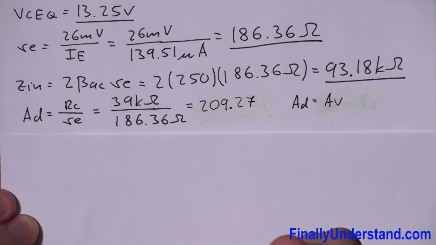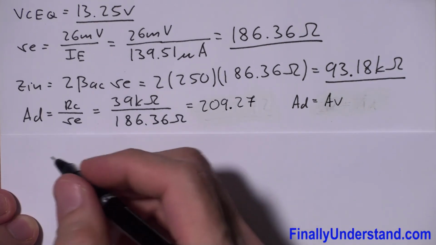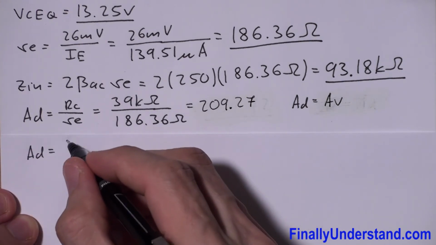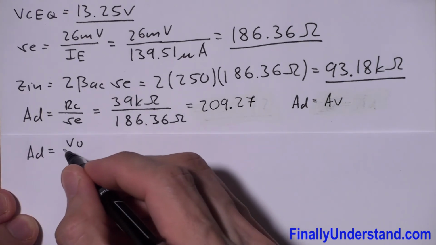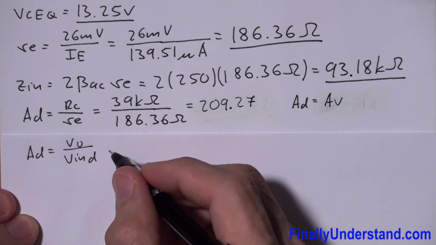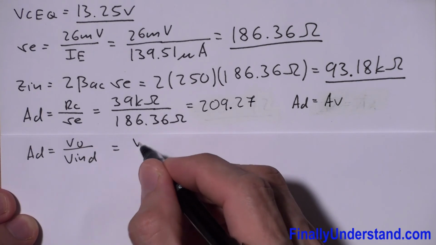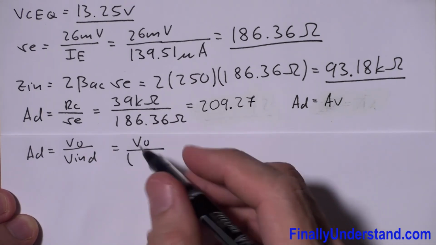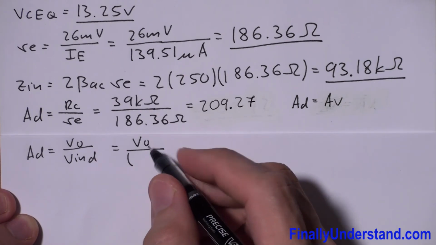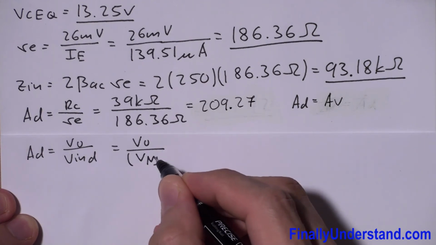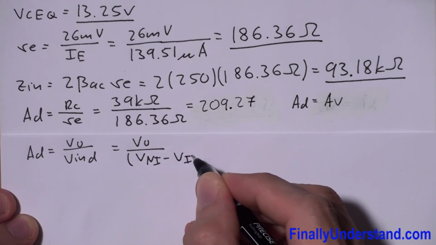Next, we're supposed to find the output voltage. In order to find the output voltage, you're supposed to remember the formula, which says that differential gain is equal to Vout over Vin differential. Where we have Vout over the differential input voltage, which is nothing else, just the voltage at the non-inverting input minus the voltage at the inverting input.